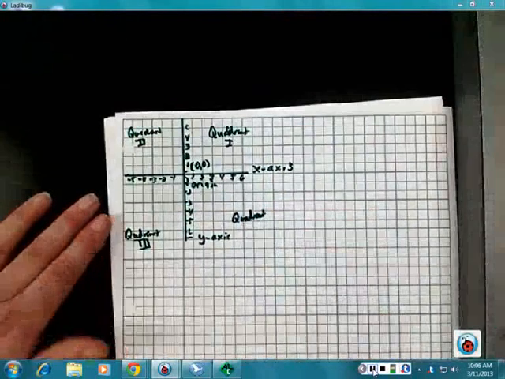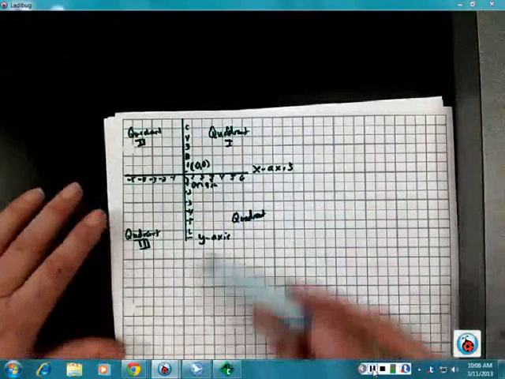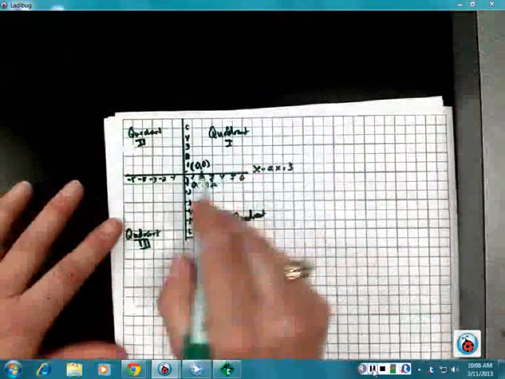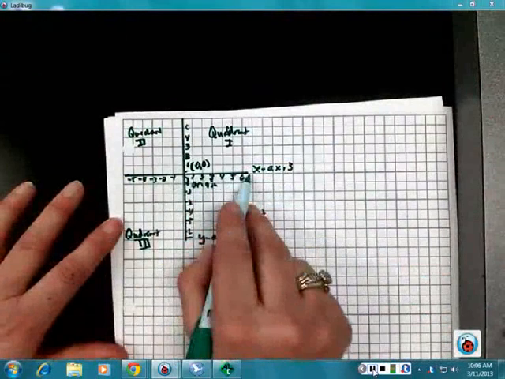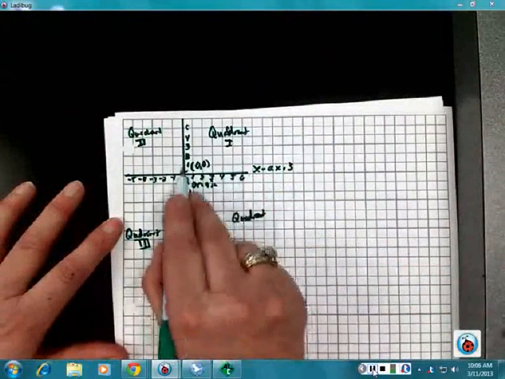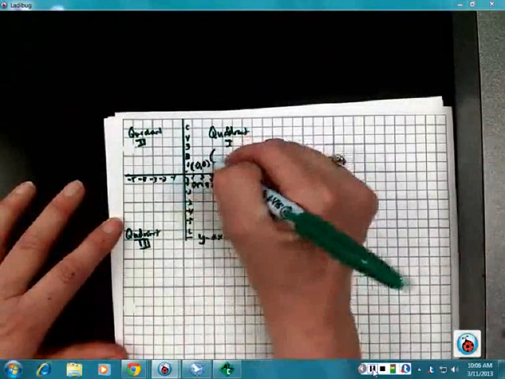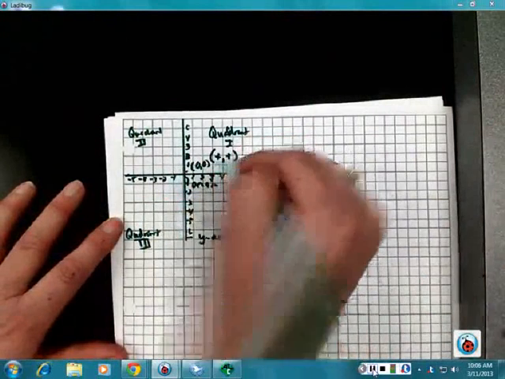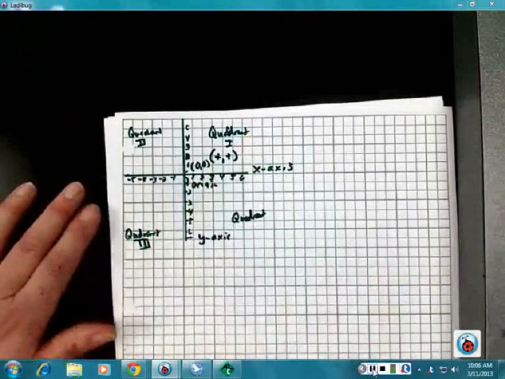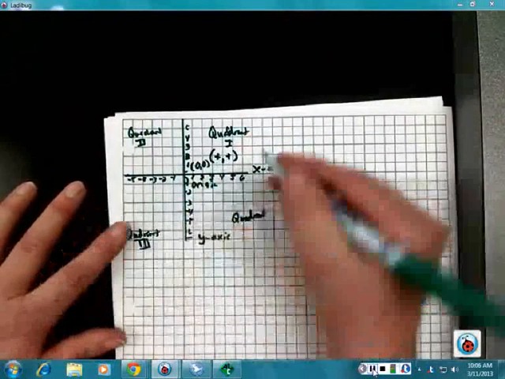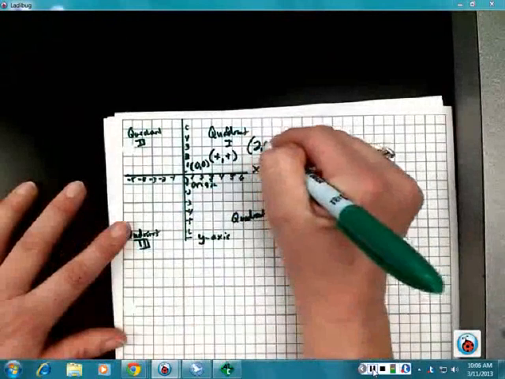In quadrant 1, if you look at your x's, they're all positive. If you look at your y's, they're all positive. So every point that sits in that quadrant is going to have positive values to it. So in this quadrant we might have 2, 5.